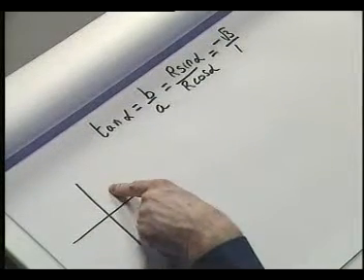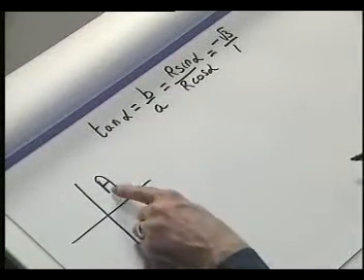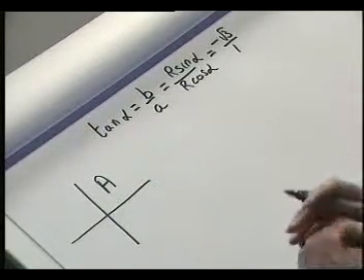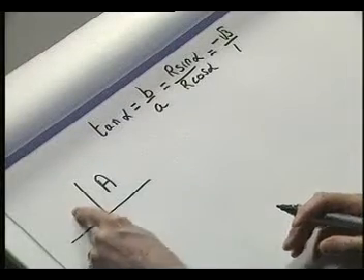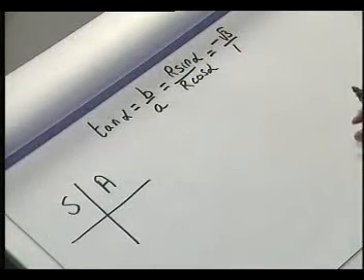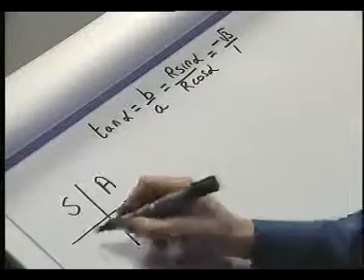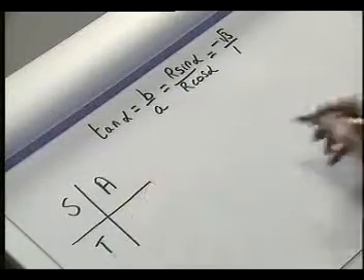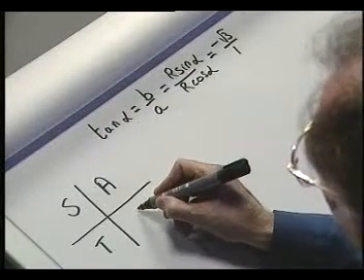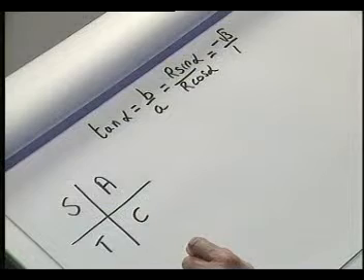Now, in the first quadrant, all of our trig ratios, A for all, they're all positive. In the second quadrant, only the sine ratio is positive. In the third quadrant, only the tangent ratio is positive, and in the fourth quadrant, only the cosine ratio is positive.